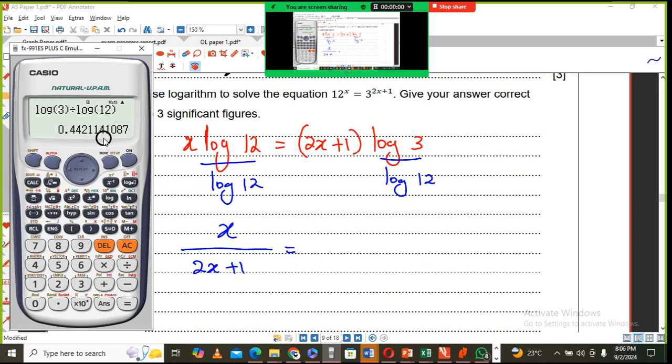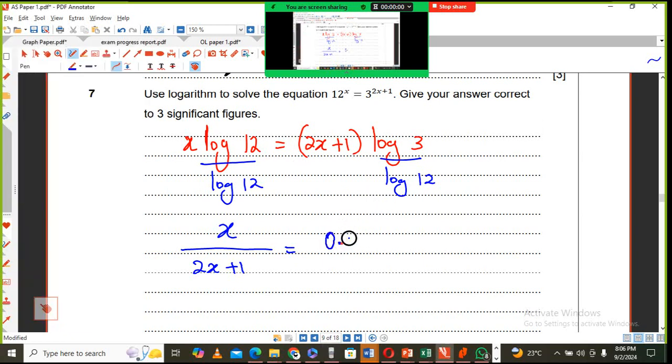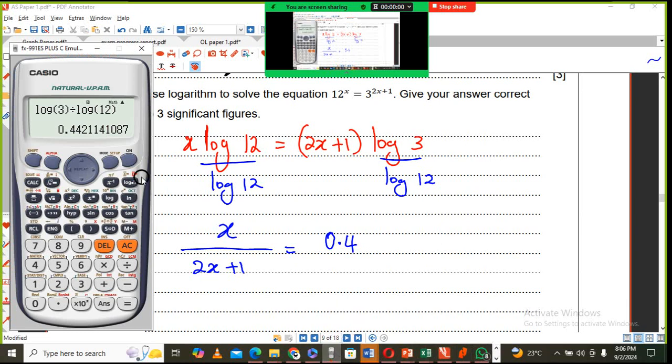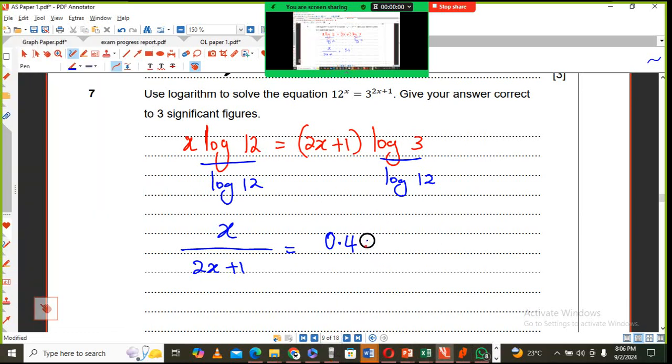Yeah, there's another method as well. I'm showing you step by step because it can be a bit tricky. So inside I have the 2x because you have to multiply out that 2x plus 1 with that.